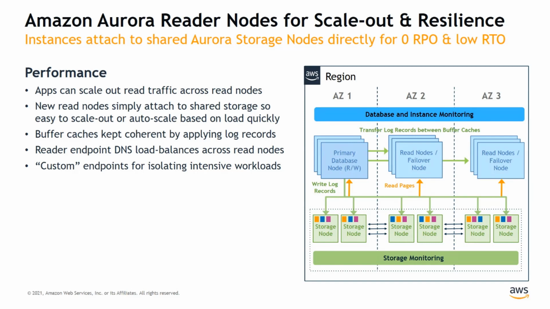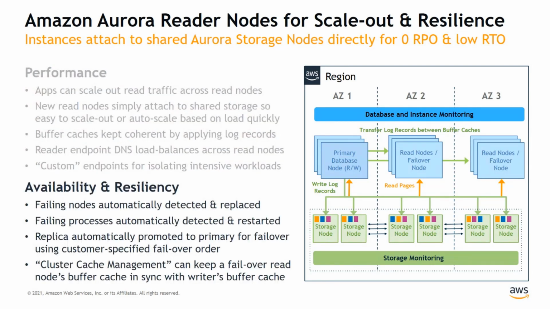So, from a performance perspective, very strong capabilities around using reader nodes. However, for availability and resiliency, they become super critical to use. First of all, failing nodes are automatically detected. We have at the top here this database and instance monitoring capability.